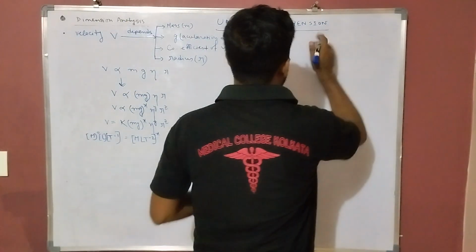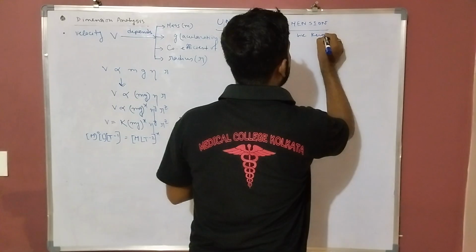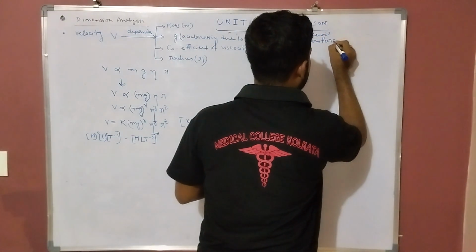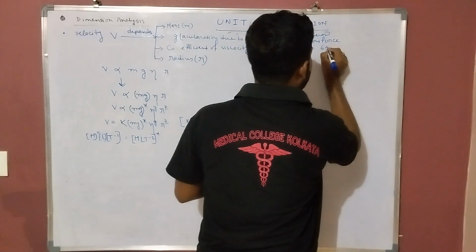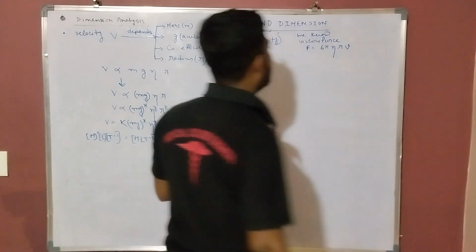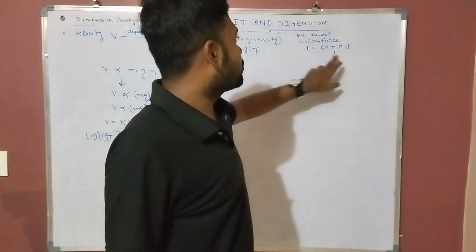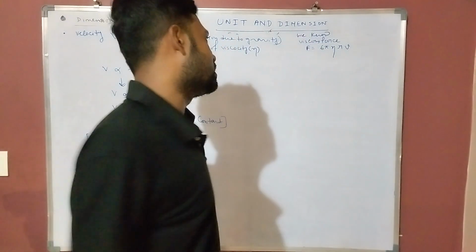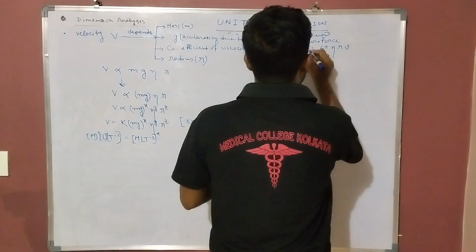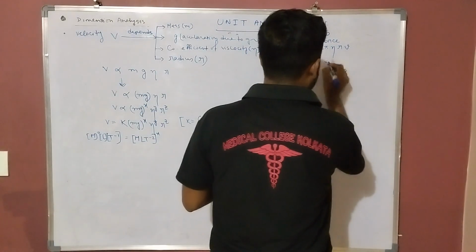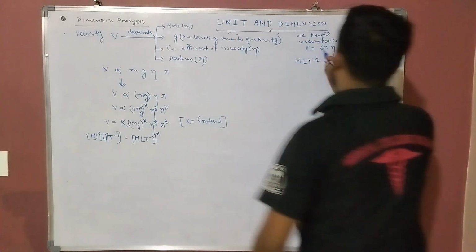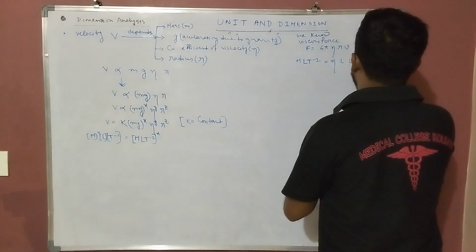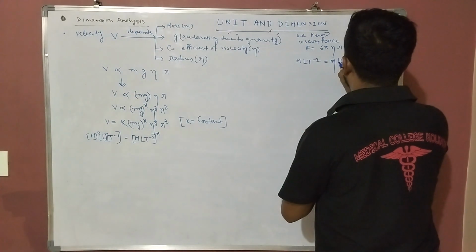Let's see. We know viscous force F is equal to 6 pi eta r v, where F is the viscous force, eta is the coefficient of viscosity, r is the radius and v is the velocity. So from this equation, F has the dimension of force, m L t to the power minus 2; 6 pi is a constant; r means radius, length; velocity v means L t to the power minus 1.